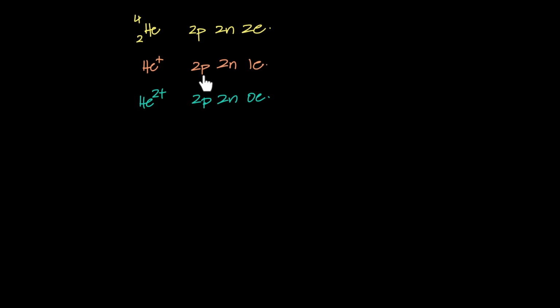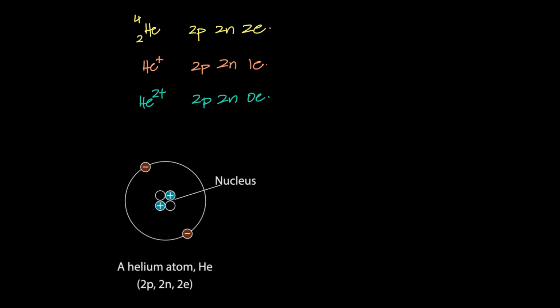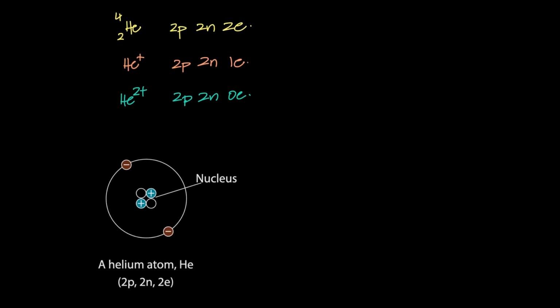So I'm going to show you these three particles right now. Here is an atom of helium, 2 protons, 2 neutrons, and 2 electrons revolving around the nucleus. But you can have it lose one of these 2 electrons. How we do that, the chemistry of it, will come later.